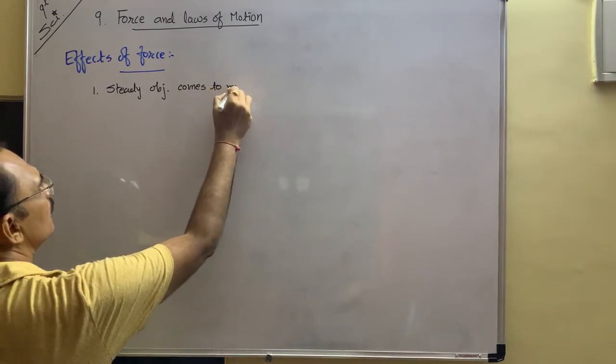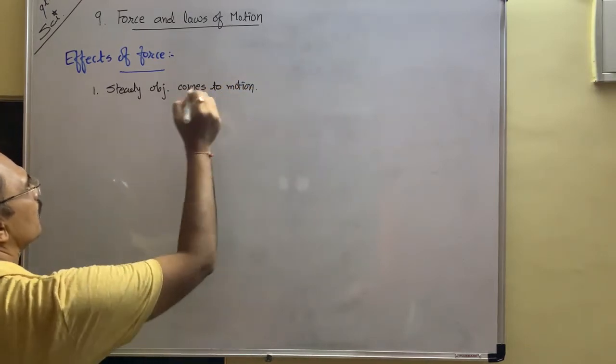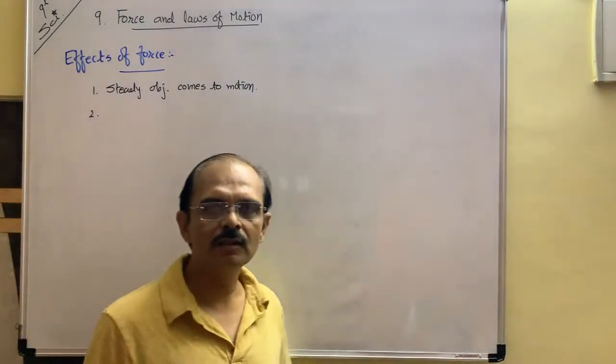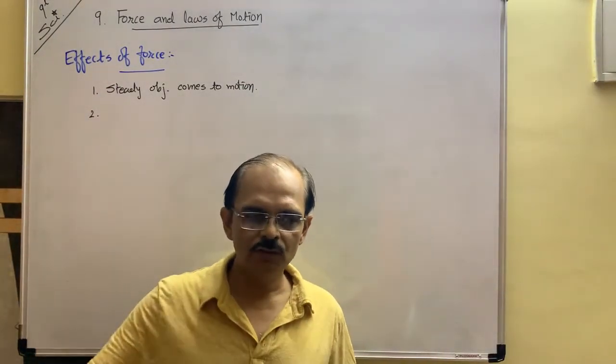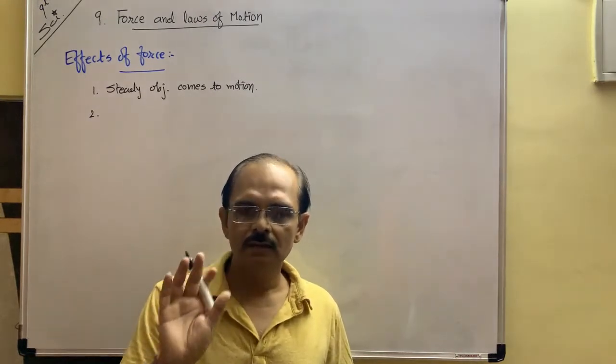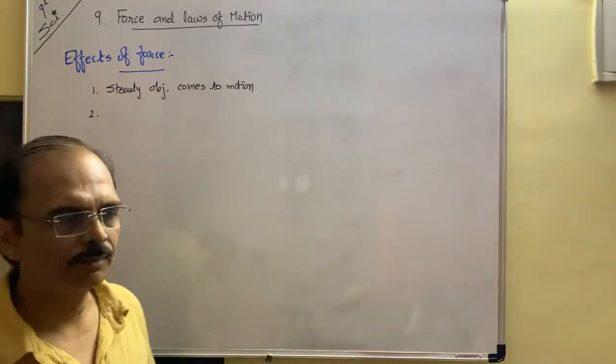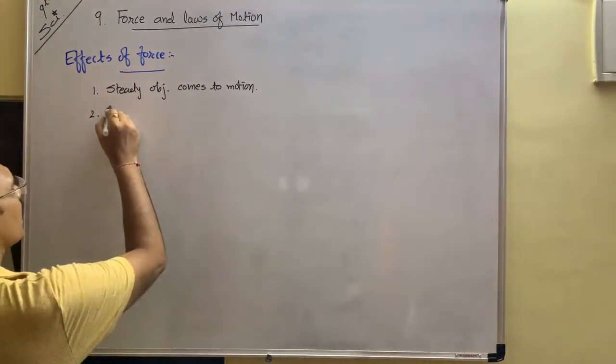Second, the vice versa of that: suppose an object is in motion. If the object is moving and you apply force on it, then maybe it will stop. Means a moving object can stop.